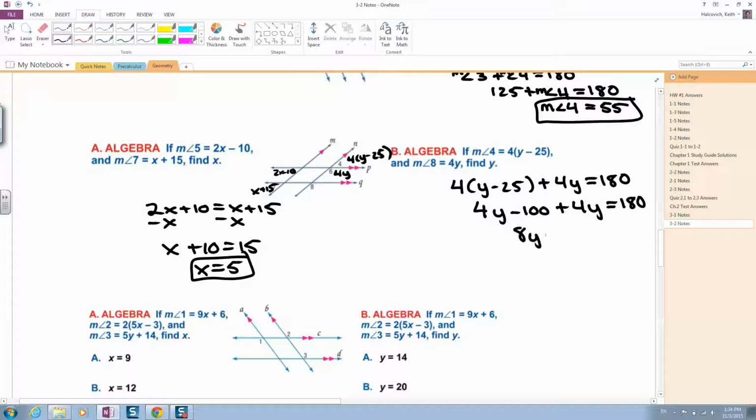So 8y minus 100 equals 180. So 8y equals 280 when you add 100. And then divided by 8, you get y is equal to 35.